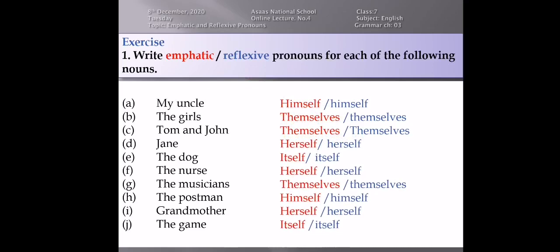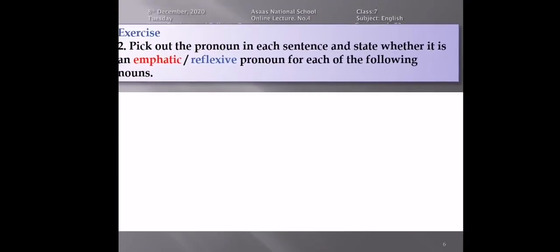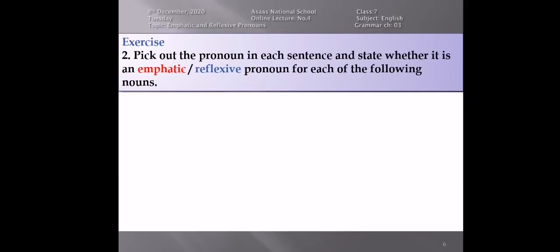Let's see now exercise number 2. Now let's solve some parts of your exercise 2. Pick out the pronoun in each sentence and state whether it is an emphatic pronoun or a reflexive pronoun. Only those who help themselves will succeed.